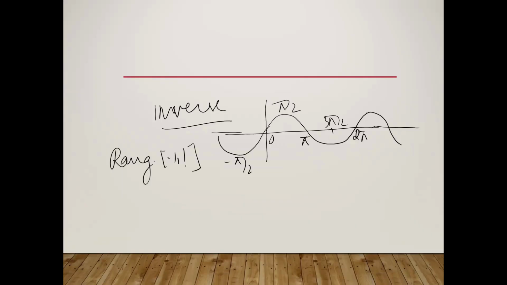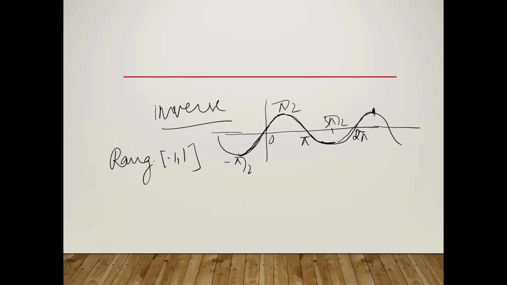Actually, the sine function we have to restrict, and it can be restricted to any of the intervals where it is giving you a single value, a single range, right? So here we have minus pi by 2 to pi by 2: we have a one-one function. Pi by 2 to 3 pi by 2, you will get a one-one function. From 3 pi by 2 further on, you will get a one-one function, right?